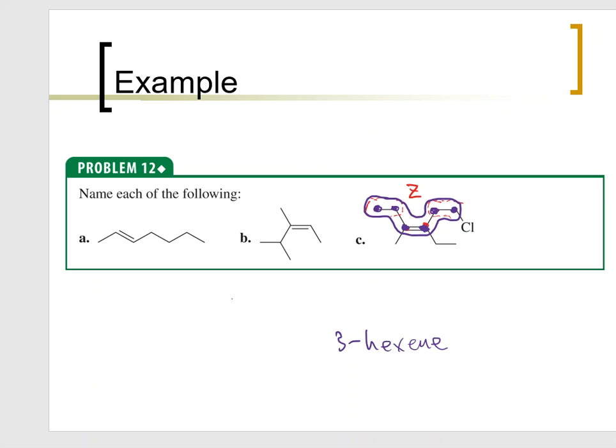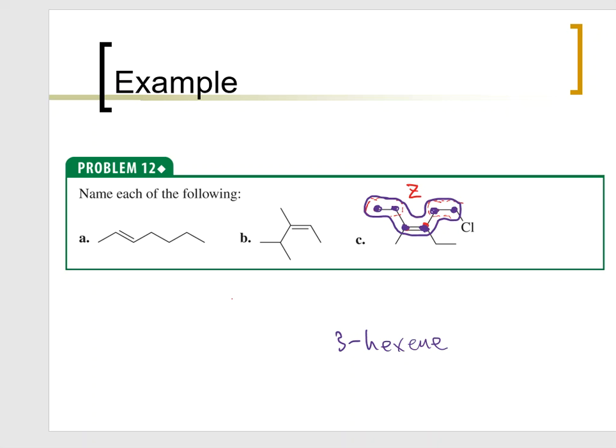So I'm going to look for the other parts of the molecule that will make that decision for me. I need overall to get the lowest number possible. If I look to the right-hand side, I see a chlorine on the very first carbon there on the right-hand side, and I see an ethyl group that's a little bit more inward. If I look on the left-hand side, really the only kind of groups that I have over here is that methyl group, and that happens at carbon number 3.